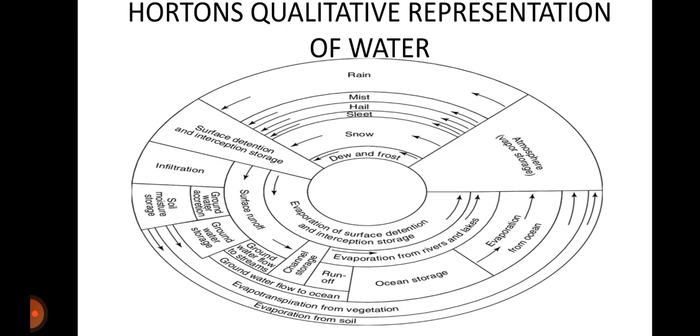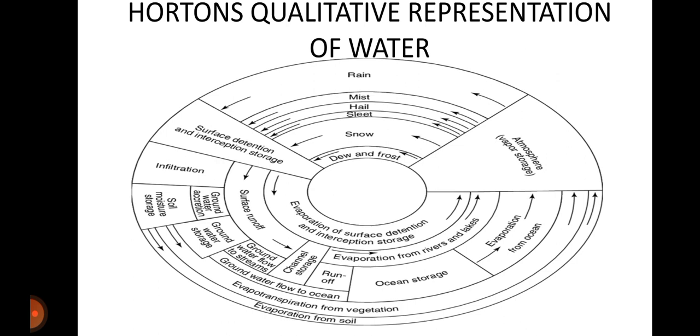There is the qualitative representation, wherein the various processes involved in the circulation of water are depicted, as in Horton's qualitative representation, and the engineering representation of the hydrologic cycle, where evaporation is shown by wavy arrows, which we will come to know in the next topic. Though these figures are self-explanatory, the qualitative description of the hydrologic cycle gives detailed information regarding the hydrologic cycle.